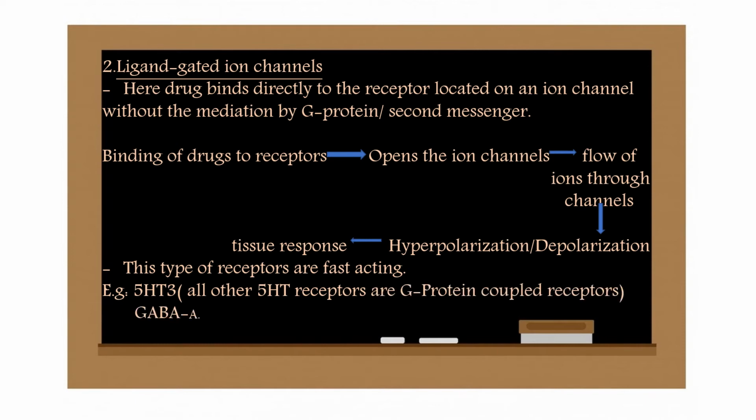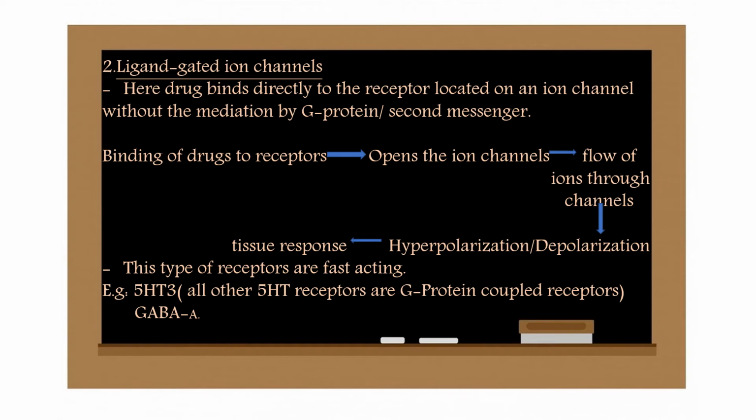The opening of the ion channel causes the flow of ions through the channel, which in turn causes hyperpolarization or depolarization. This hyperpolarization or depolarization causes a tissue response. So this is how the action takes place.